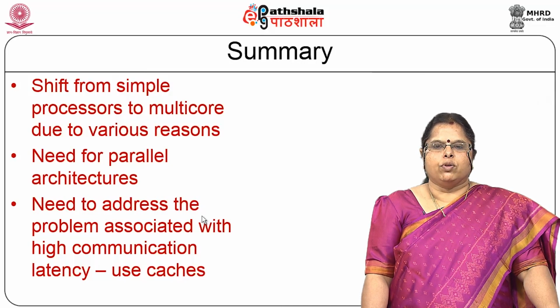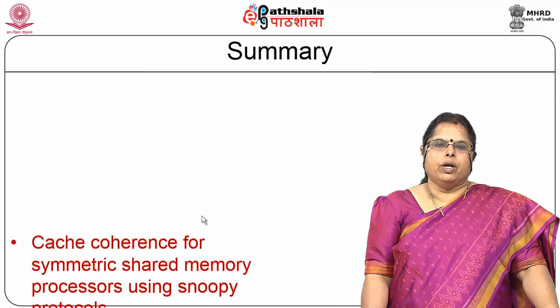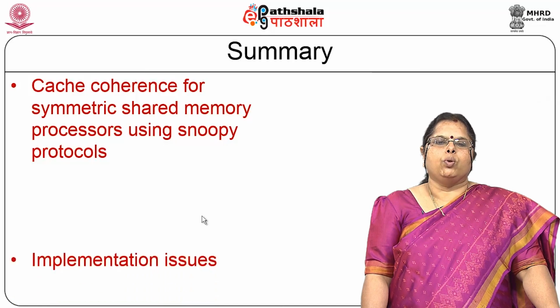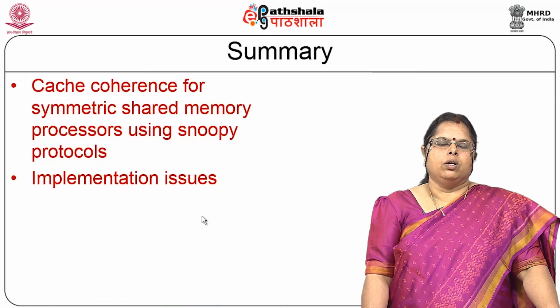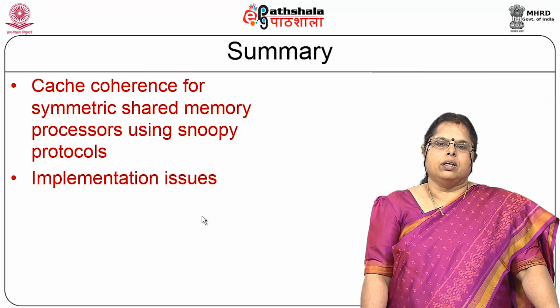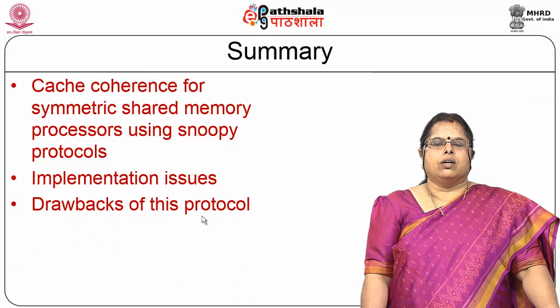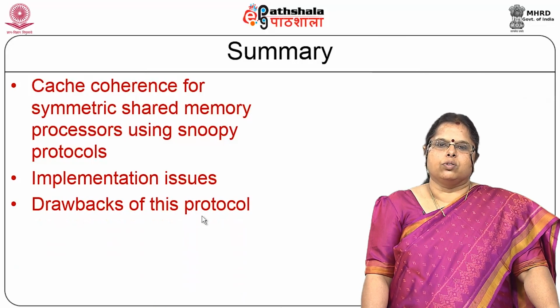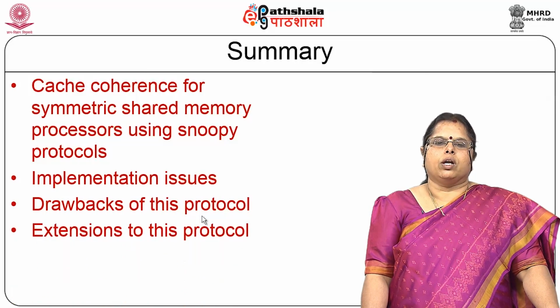So, for that you will have to use caches, but when we use caches, we have the problem of cache coherence. So, how do we handle the cache coherence problem? You can try to look at two different protocols. What we looked at here is the snoopy protocol, and of course, you have different implementation issues associated with the snoopy protocol. So, we looked at all the implementation issues, and we also looked at the drawbacks to this protocol.